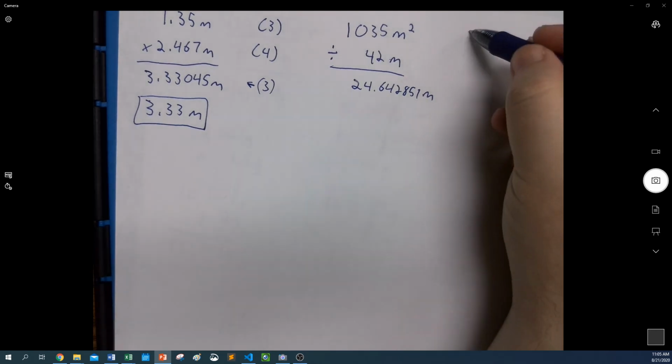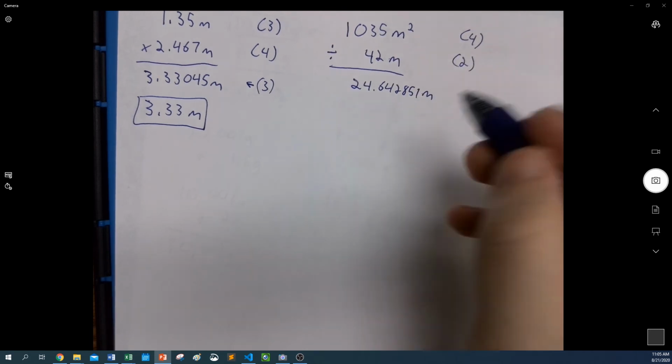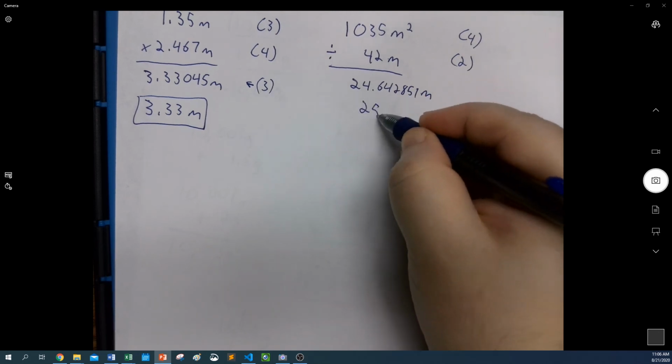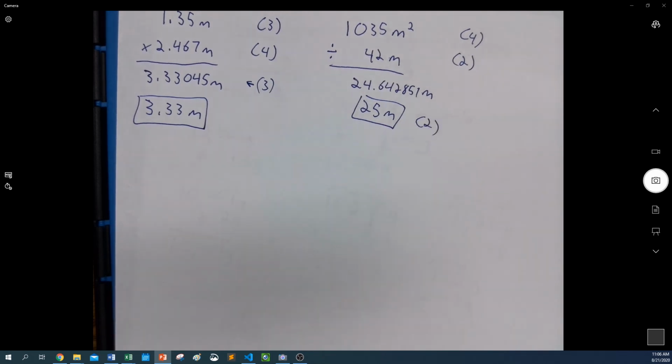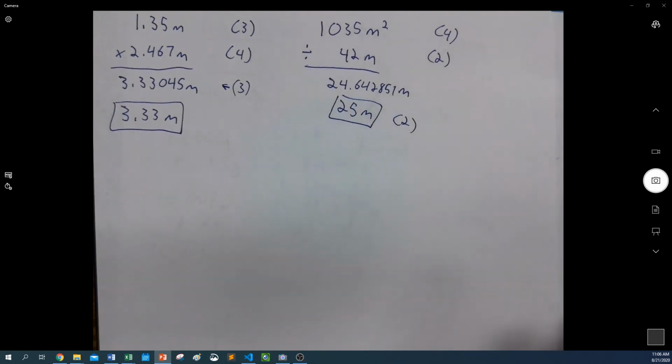So again, this one has 4. This one has 2. We need to round this to 2. So that would be 25 meters. I wouldn't do the rounding until the very end.